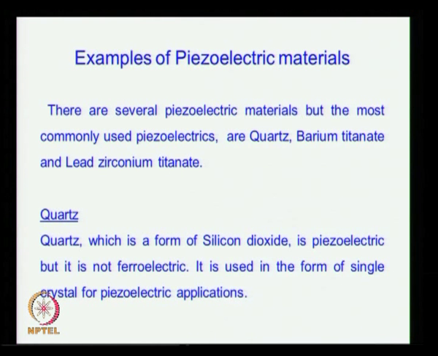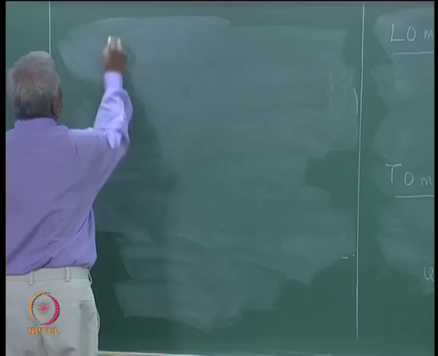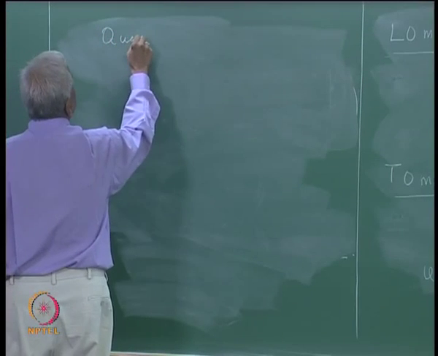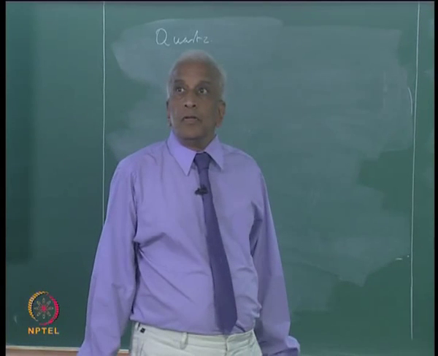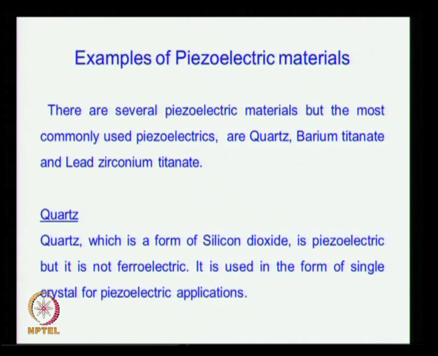Now, what are the materials? Typical examples. One of the materials which is very well known, a piezoelectric material, is quartz. Quartz is just a form of silicon dioxide, and it is usually piezoelectric, but not ferroelectric.